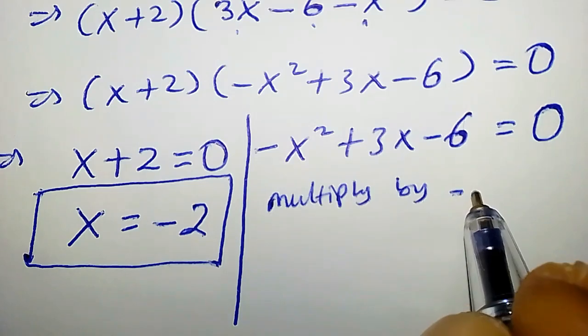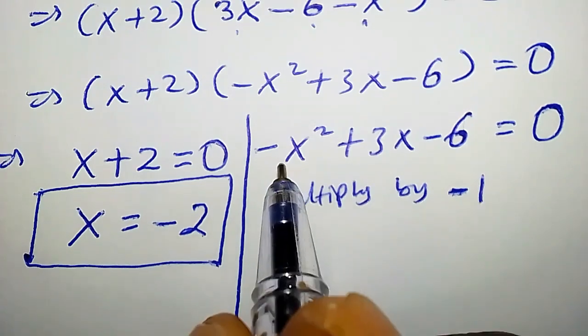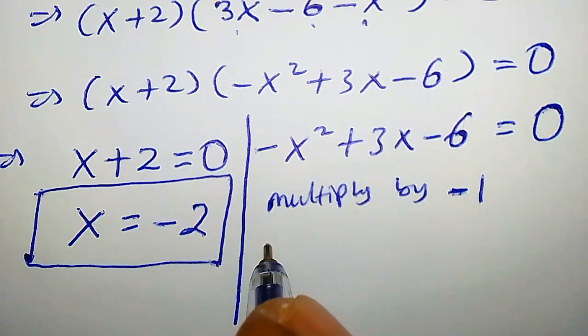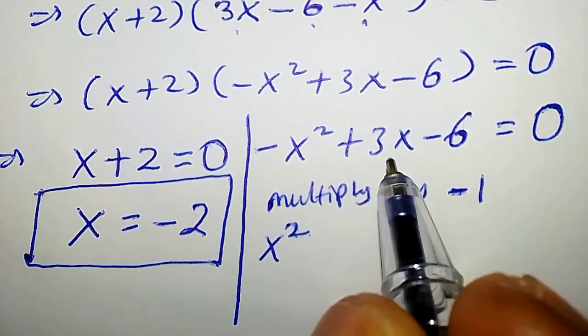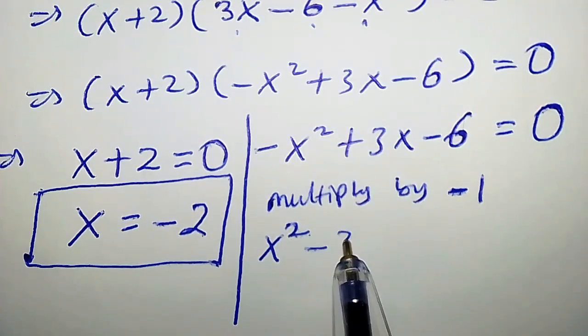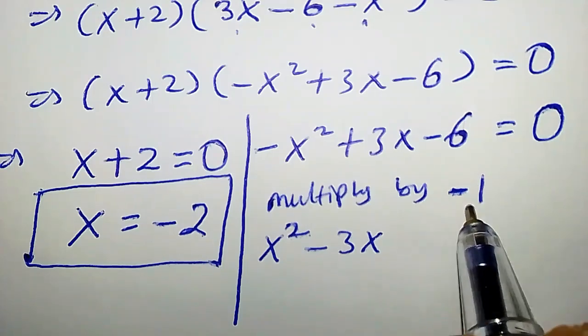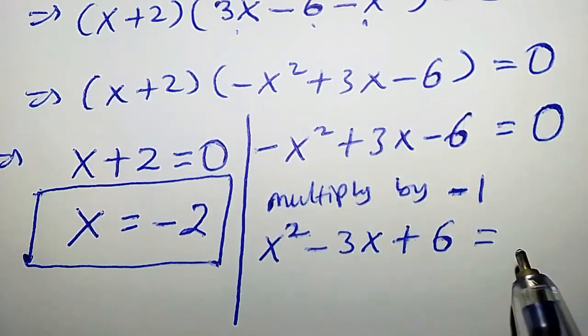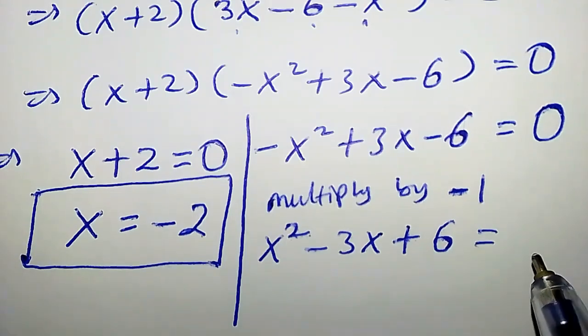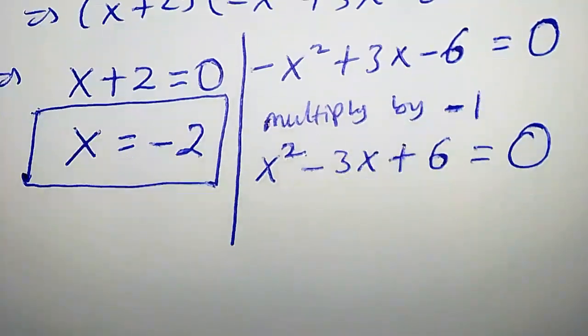Minus 1 times minus x squared, that is x squared. Minus 1 times 3x, that is minus 3x. Minus 1 times minus 6, that is plus 6, equal to minus 1 times 0, that is just 0.